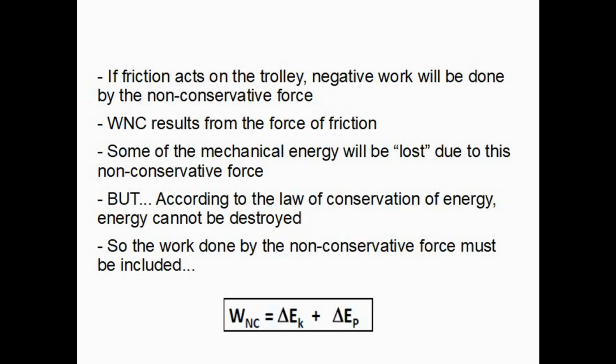But according to the law of the conservation of energy, energy cannot be destroyed. So the work done by the non-conservative force must be included. And the way we calculate the work done by a non-conservative force is the change in the kinetic energy plus the change in the potential energy.